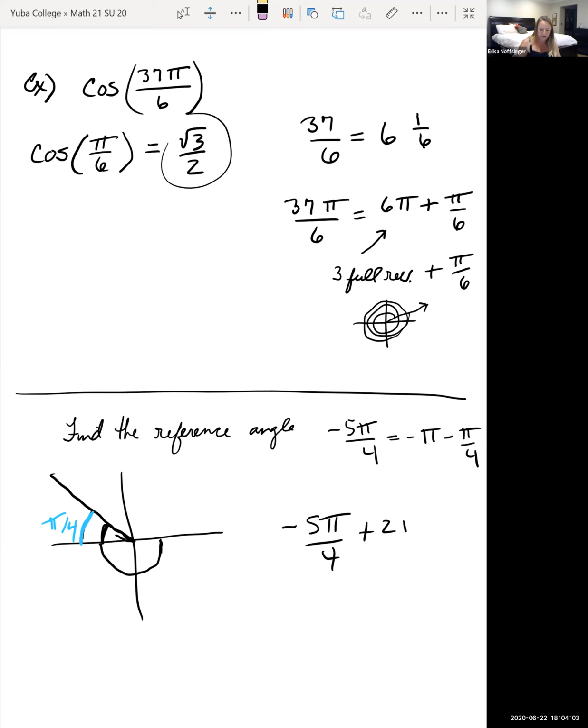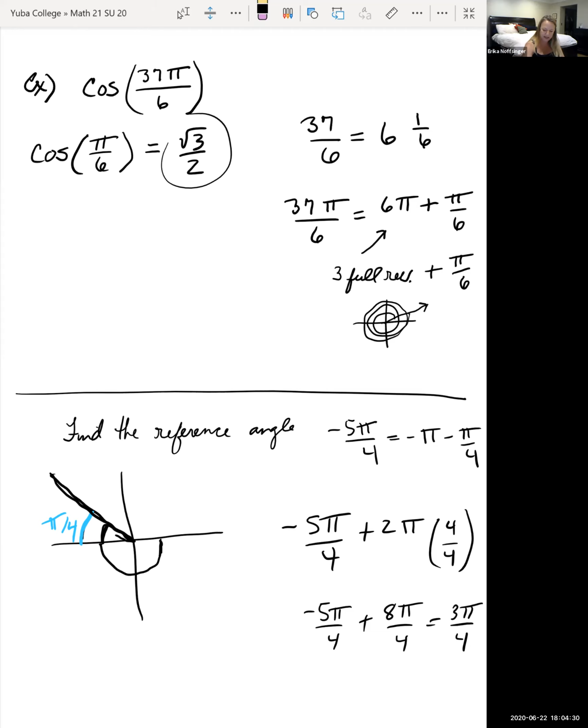Right, so if I got a common denominator, which is 4, this would be negative 5 pi fourths plus 8 pi fourths. This gives me 3 pi fourths. So 3 pi fourths is called a coterminal angle because this gives me the same terminal side as this one.